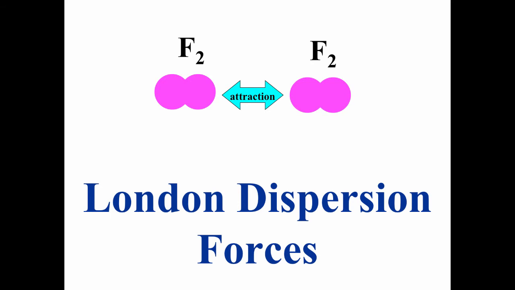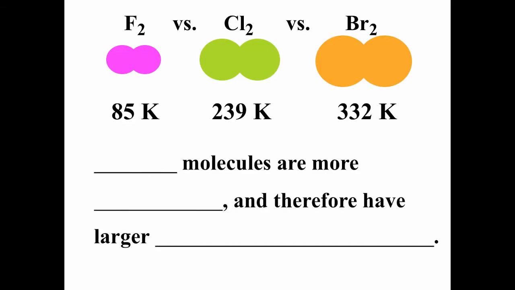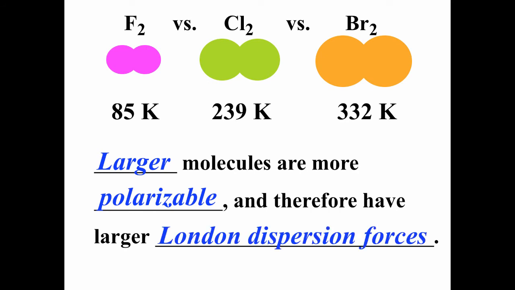It's an attraction between temporary or instantaneous dipoles in molecules, and all molecules have these, whether they're polar or nonpolar. And the generalization here is that larger molecules are said to be more polarizable, and therefore they have larger attractions between their molecules or larger London dispersion forces.